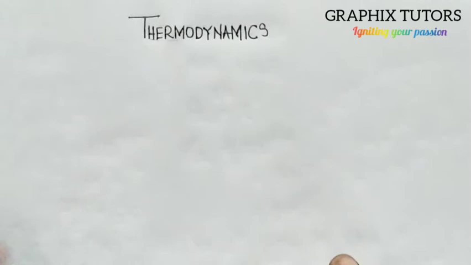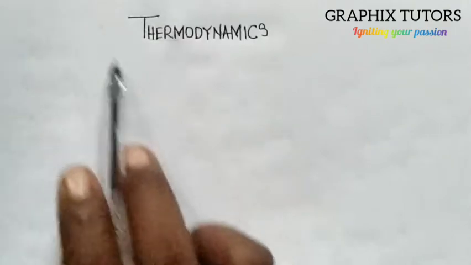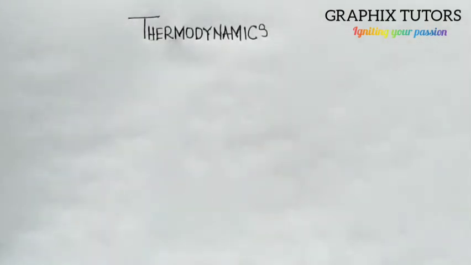We know very well from our basic education that energy can neither be created nor destroyed, but can be transformed from one form to another. So what thermodynamics is interested in is how this energy is being transformed from one form to another. As this energy is being transformed, useful work is being done, right?